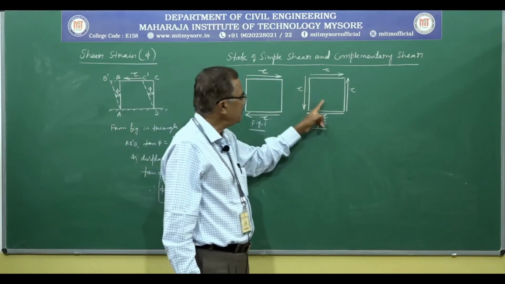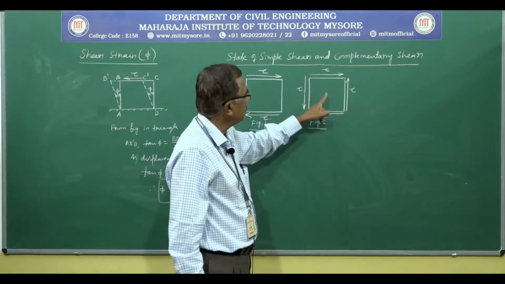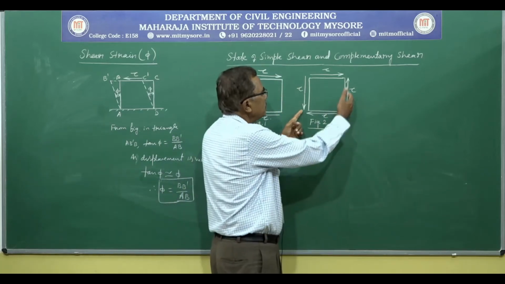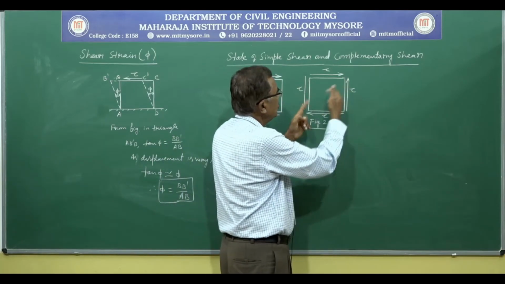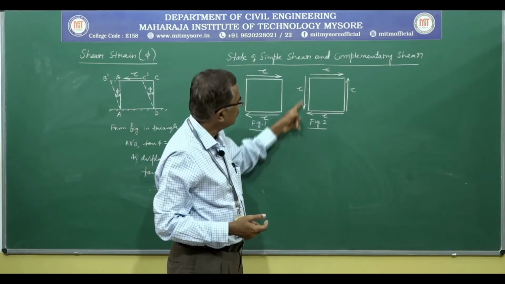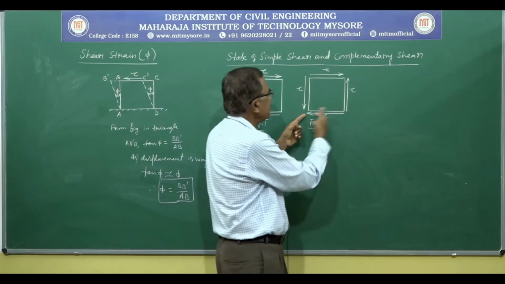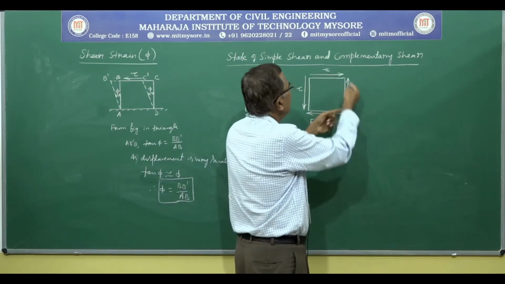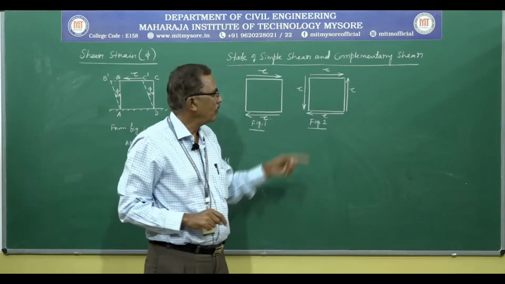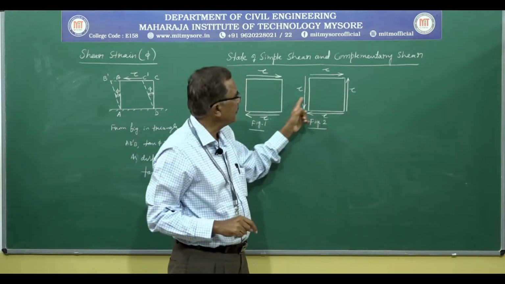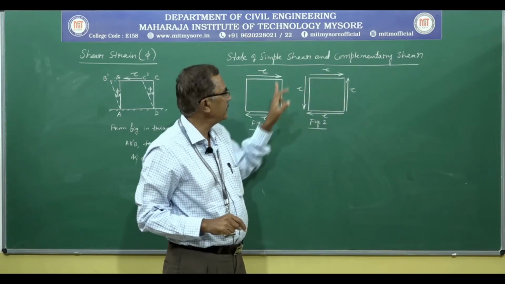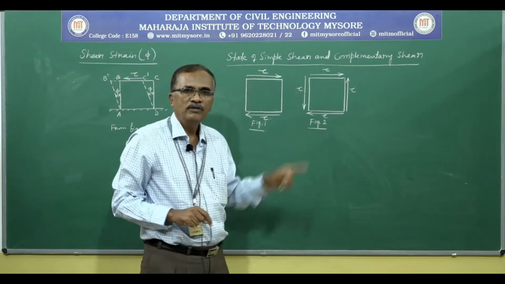So, to keep the block in equilibrium condition, two more shear stresses act on the other two faces. You can see the stresses acting here. This stress is complementing this stress, and this stress is complementing the top edge stress. Now, when these two stresses develop on the other two faces, they complement the already acting shear stresses on two faces.